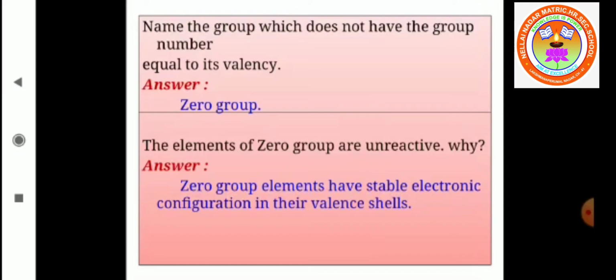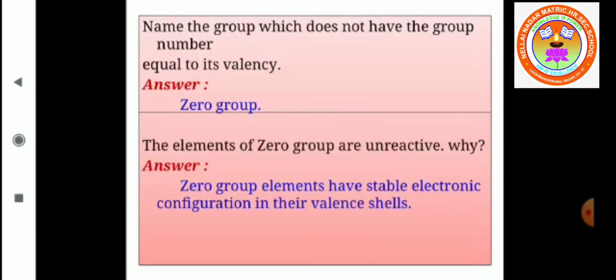When we call it 0 group, it means that the valence shell of those elements has no electrons. That is the meaning. I told the number of electrons present in the valence shell is equal to the group number, but here this is an exception. Noble gases are also called 0 group elements, but 0 group elements have 8 electrons in their outermost shell. So the answer is 0 group.